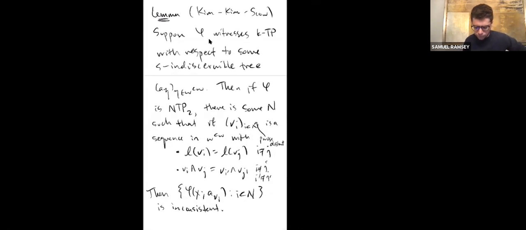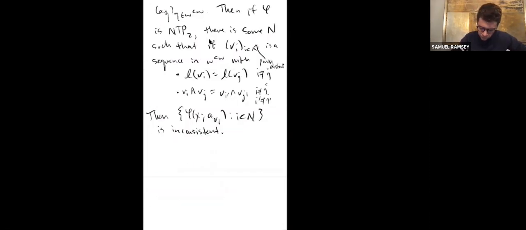Okay, so the statement is very long, so I don't want to take it away before you write it down. But what am I saying? I'm saying that if I take a family of nodes which are all at the same length, so they're all at the same level, and they all have a common meet.